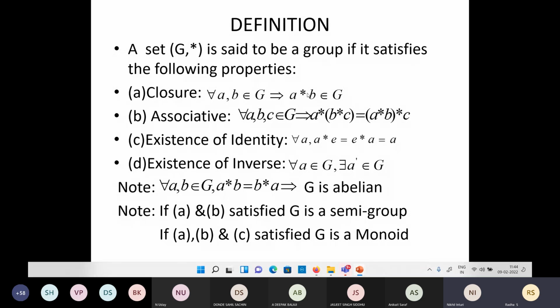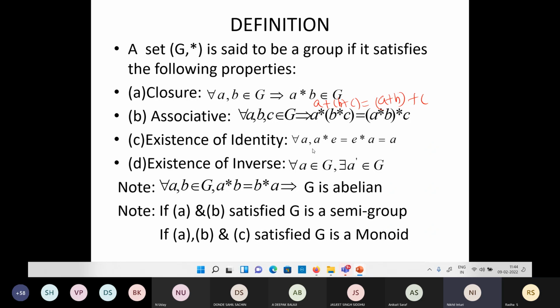Star is any binary operation. It may be plus, minus, or anything, right? Then associative. If you consider any three elements from G, then the associative property holds good. If star is replaced by plus, you should have (A plus B) plus C equal to A plus (B plus C). Clear? Then existence of identity.